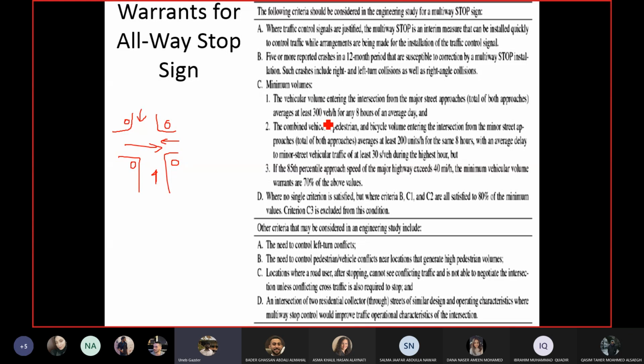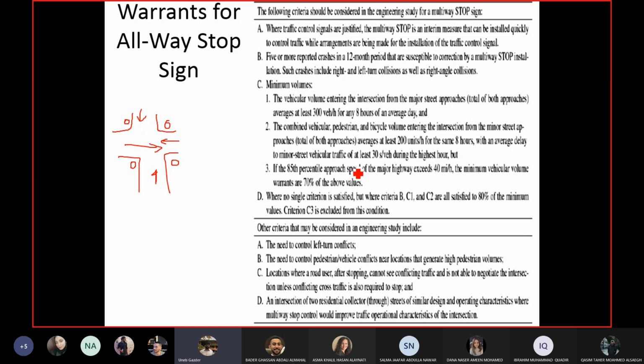And another part of this condition is the average delay to minor street vehicle traffic, which is at least 30 seconds per vehicle in the highest hour, the peak hour. So these are the major conditions, and then you have a relaxation in these conditions.